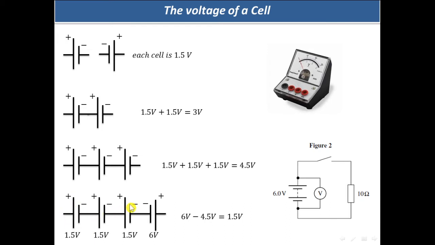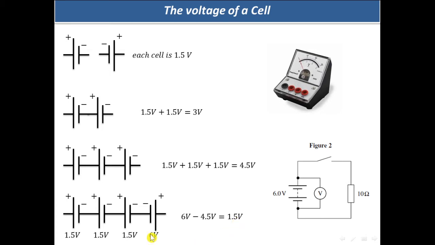I have 3 cells in the same direction, but you see here I have one in this direction, and it is 6 volt. So all together I have 4.5 here and 6 here. That means 6 going in the opposite direction from 4.5, so 6 minus 4.5 gives me 1.5. In spite of that, I have 4 electric cells in my circuit. These 4 electric cells deliver only 1.5 volt.